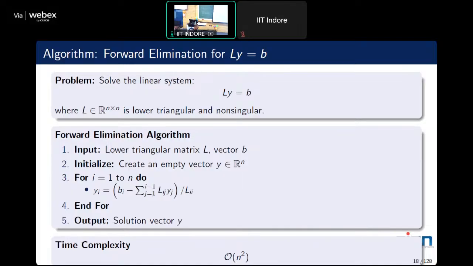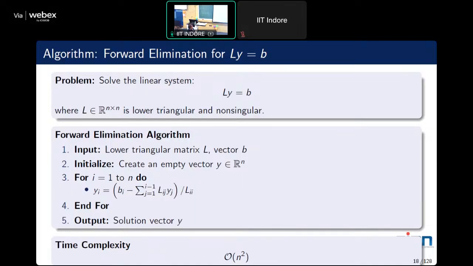So only the lower part we are considering, so the loop goes up to i minus 1. Because the upper part is not there, all are 0, so we are not taking them into account. Even if you count them unnecessarily, you are giving extra load to the computer. The floating point operations would be unnecessary. If you know these components are 0 and their corresponding contribution would be 0, then you need not include them.